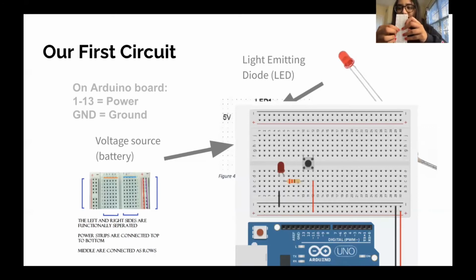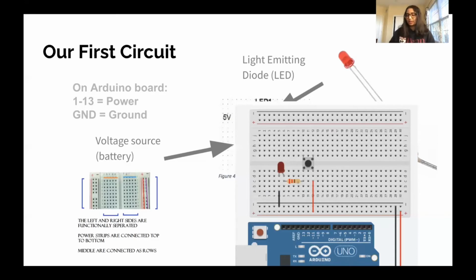And for the middle sections, each row is connected. So we want to keep these connections in mind in order to build our circuits. Also, something we should remember is that the left and right sides are separated. So if you connect something to the same row on the left and right side, across this barrier, they actually won't be connected because they are separated. So yeah.